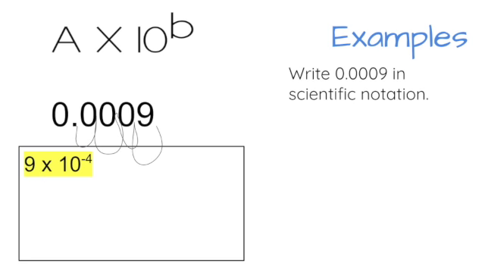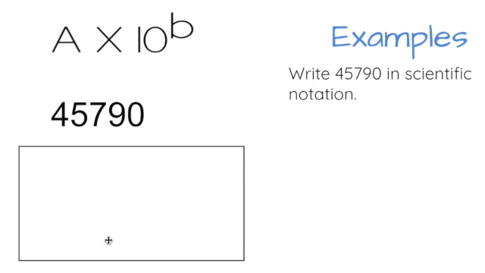Okay, next example. We're given 45,790. And we are supposed to write that in scientific notation. Now this one's going to be a little different because we have a lot more numbers that are not 0. But remember, only one number is allowed to go in front of the decimal, or to the left of the decimal.